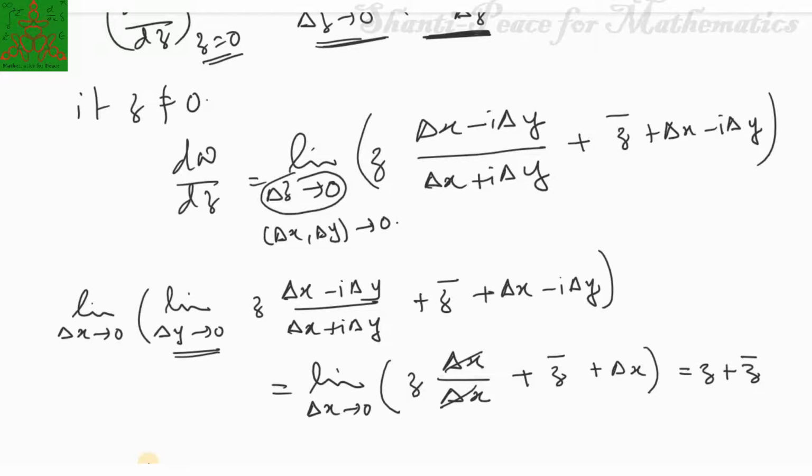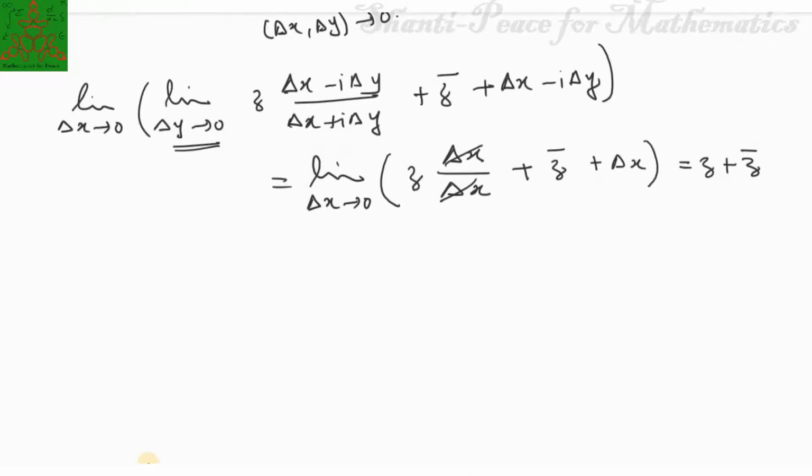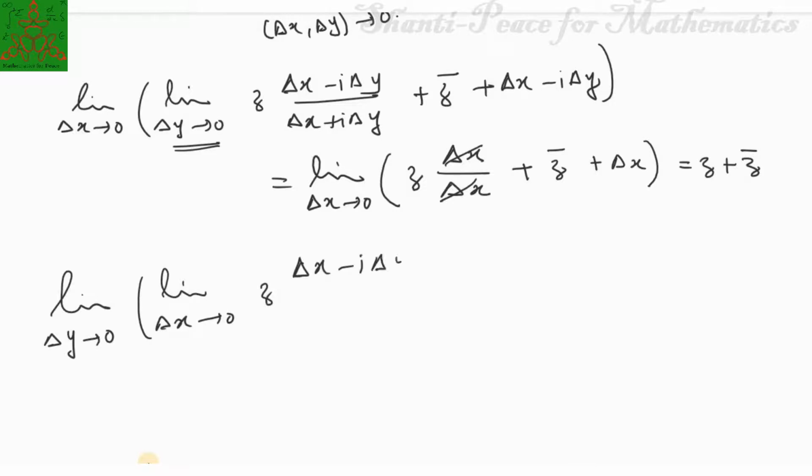The other side will have the limit as delta y tends to 0, limit as delta x tends to 0, of z into delta x minus I delta y upon delta x plus I delta y plus z bar plus delta x minus I delta y.